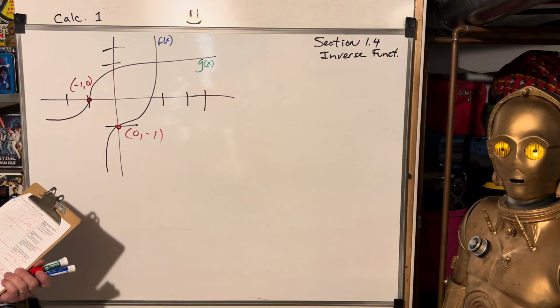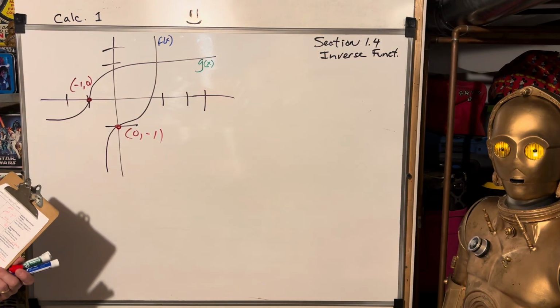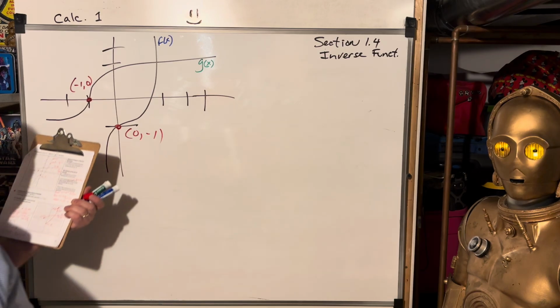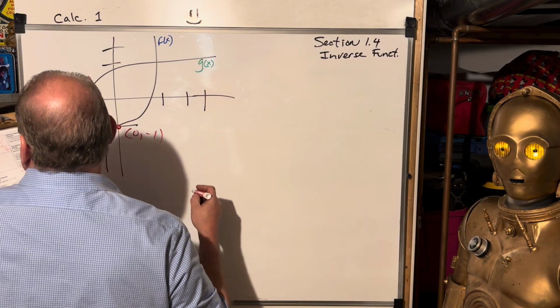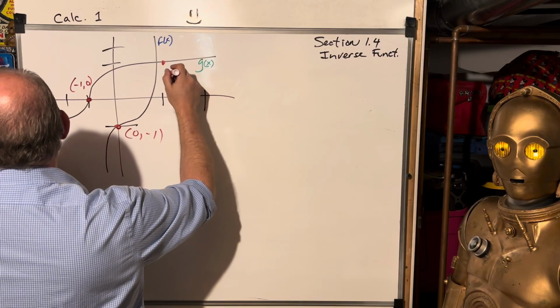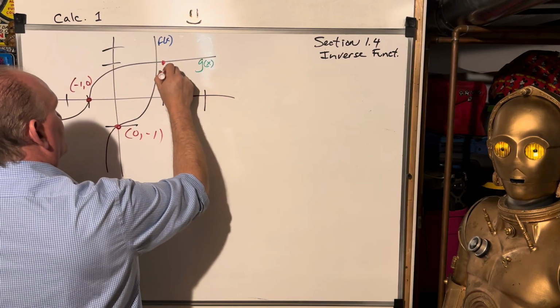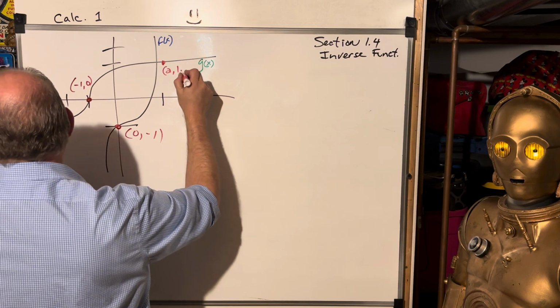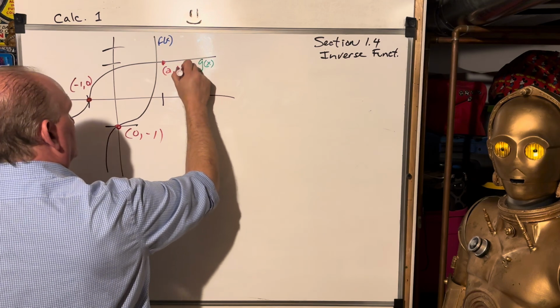And that's the inverse. So if I pick another point on there like 2, 2 on this one is 2 comma 1.14.